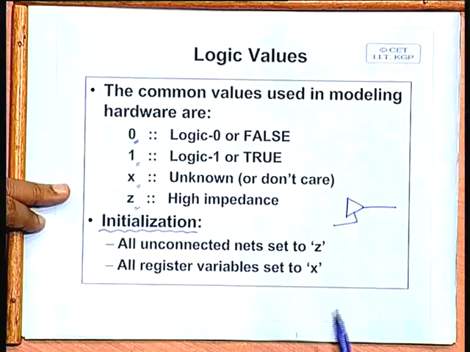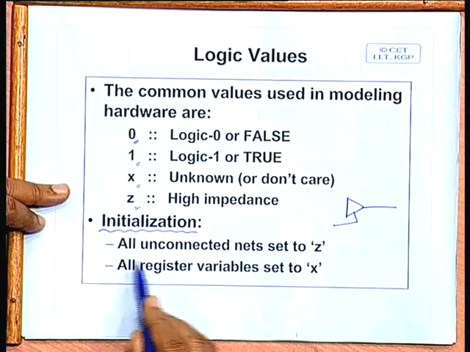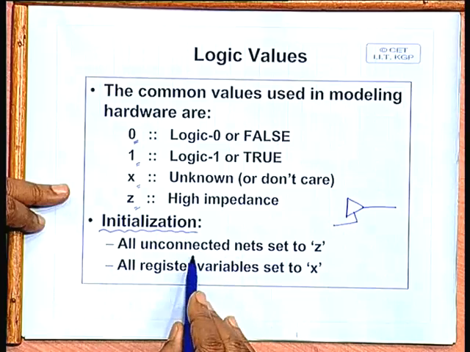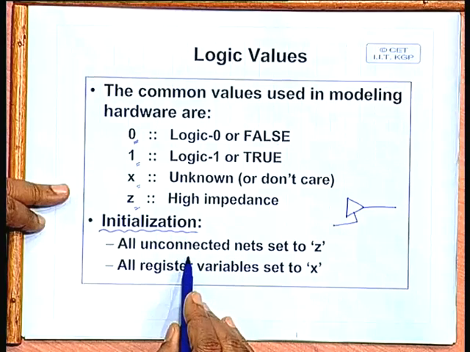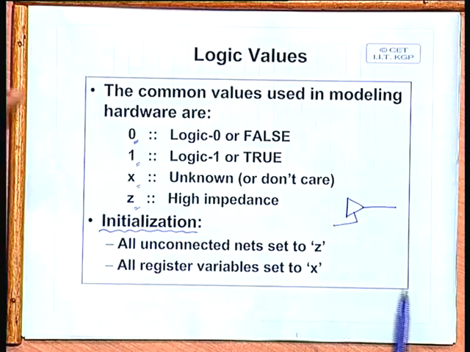This is for simulation only. When you are simulating a Verilog module, all the nets which are not connected either physically or logically will be set to the z state. Physically means you have defined a net, but there is no driver to that net, or there is a driver which is currently in the tri-state.